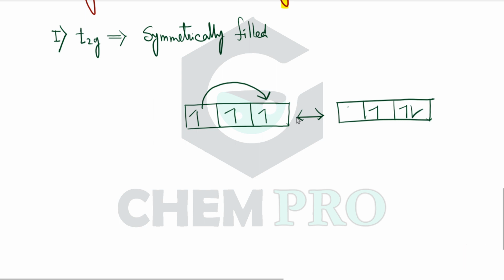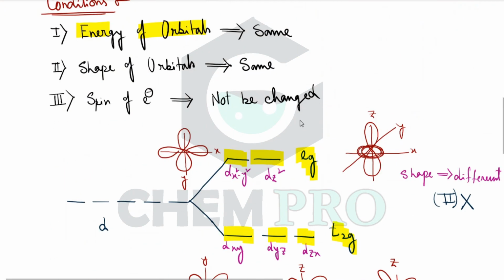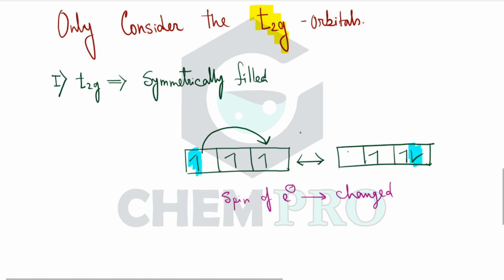Here we can see that the spin of the electron is changed, but the third condition was that the spin of the electron should not be changed. Then we should not consider this case, that is T2g symmetrically filled. When T2g is symmetrically filled, there will be no orbital contribution.